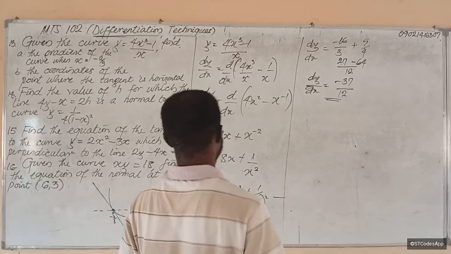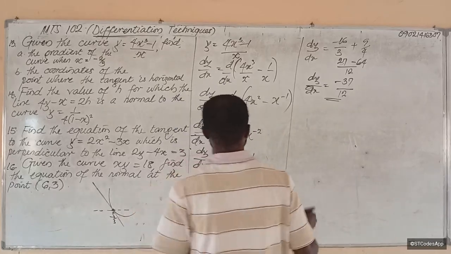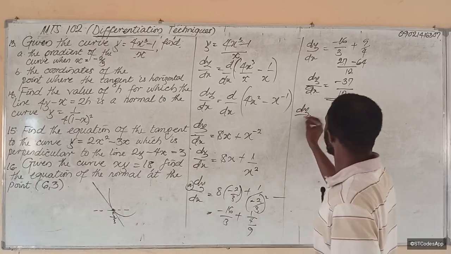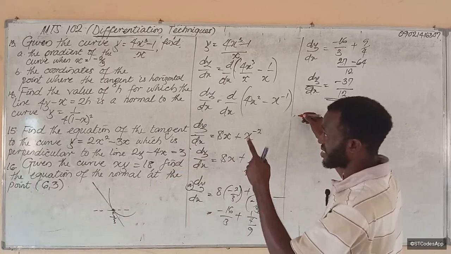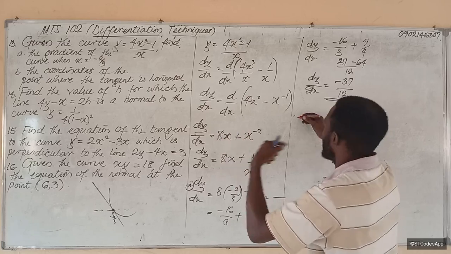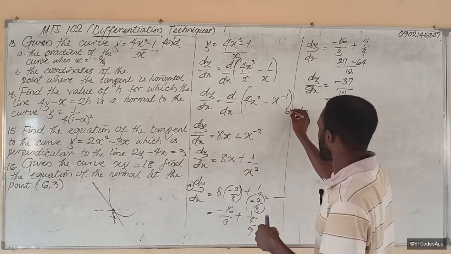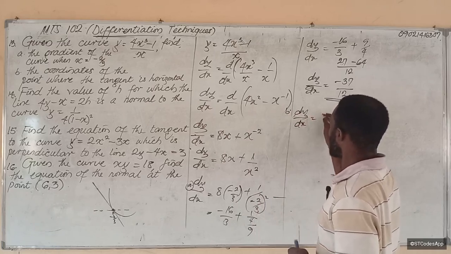So at horizontal, dy/dx will be 0. Is that correct? That's B I'm solving now. dy/dx will be equal to 0.